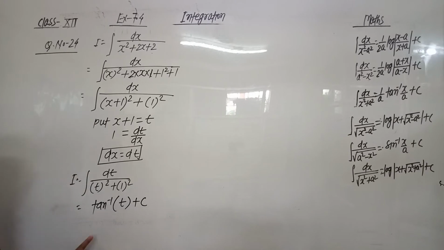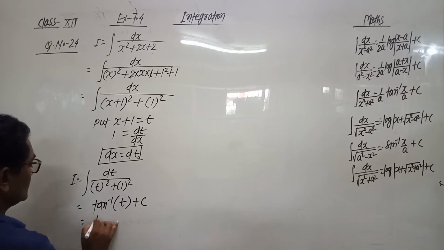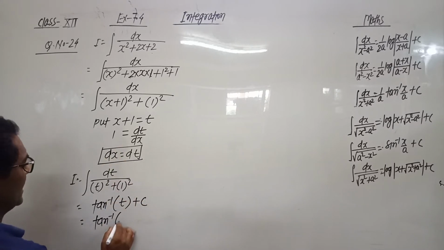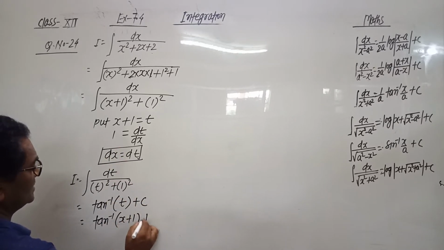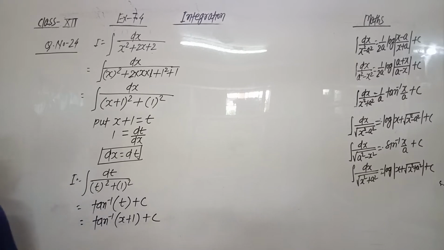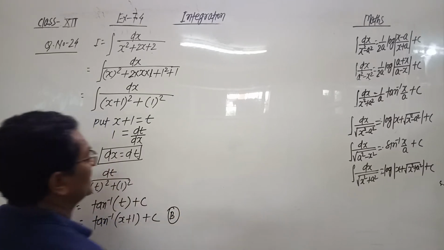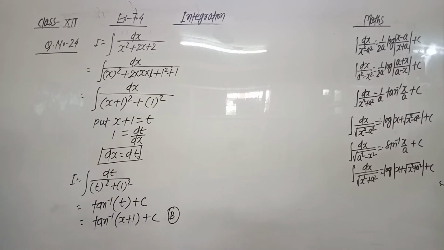Then put the value of t. So tan inverse, the value of t is x plus 1, plus c. So the option B is the correct option. Tan inverse x plus 1 plus c. The correct option is B.